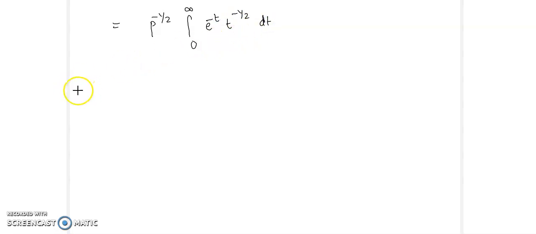And now we will use one more change of variable. Put t equal to s square.